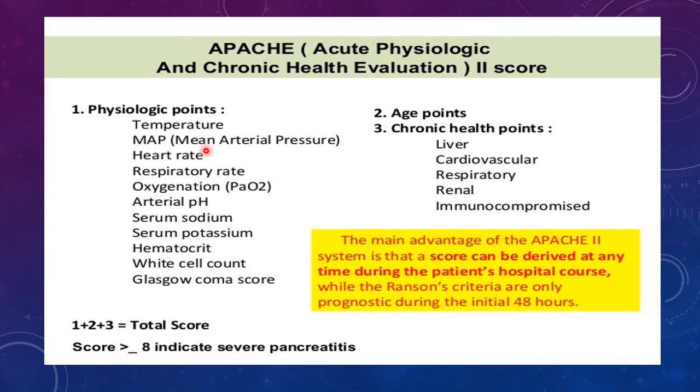The assessment can be done on the admission itself, and then you can grade the patient according to that. These are the parameters that are taken into consideration, similar to the Glasgow Ransom score. In this case, a score of more than 8 indicates severe pancreatitis. Anything less than that can be either mild to moderate pancreatitis.